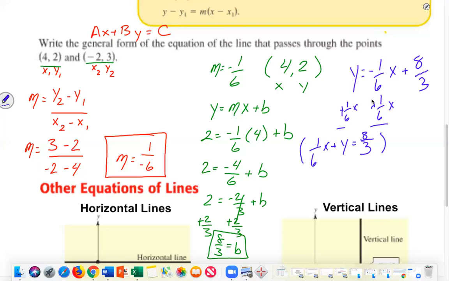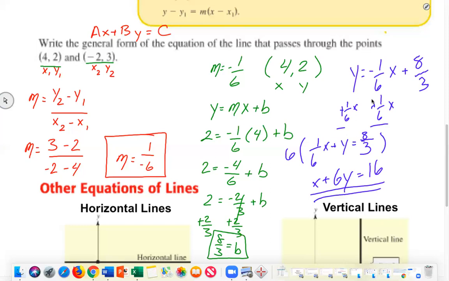I just need to multiply by 6 in this case, because that's the least common denominator, right? Do you see that? So if I multiply by 6, that gives me x plus 6y equals 6 times 8 is 48, divided by 3, 16. That's the answer.